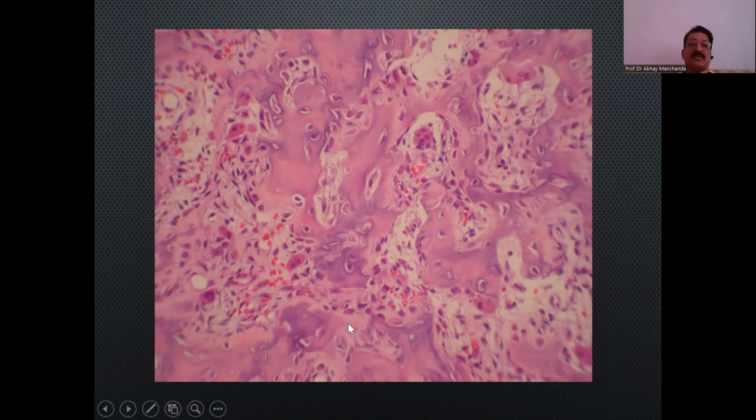So many osteoclasts can be seen. Many osteoblasts can be seen. This is osteoid tissue, and this is a fibrous mesenchymal stroma, which is highly vascularized. You can see red blood cells, red.